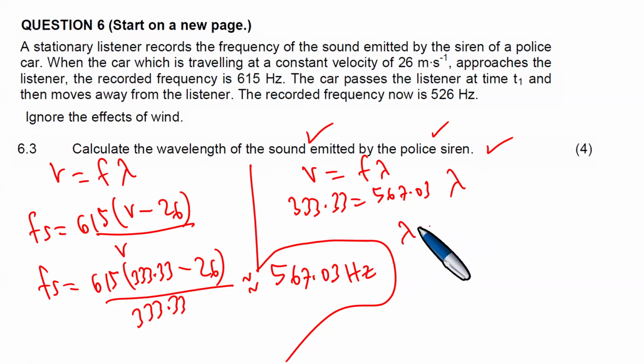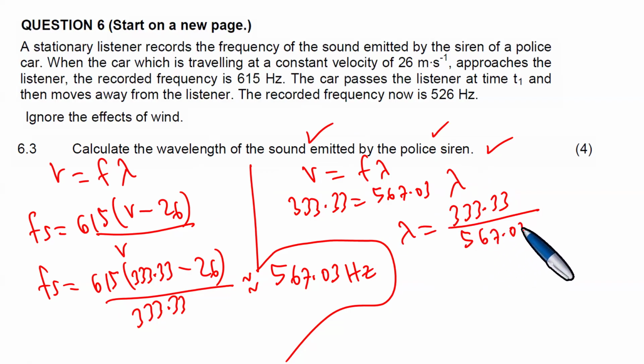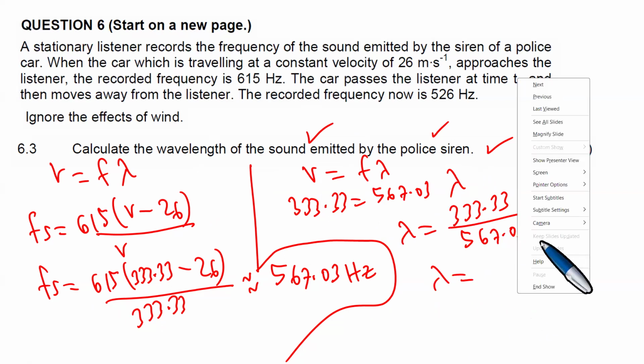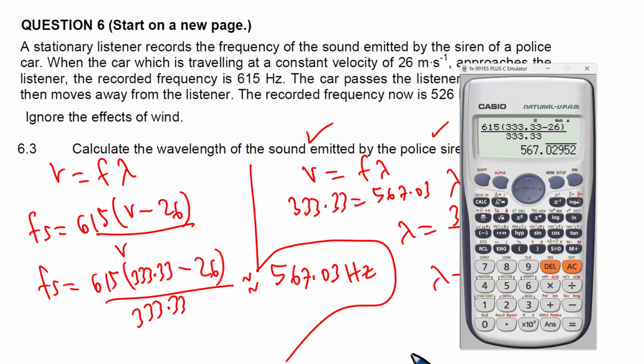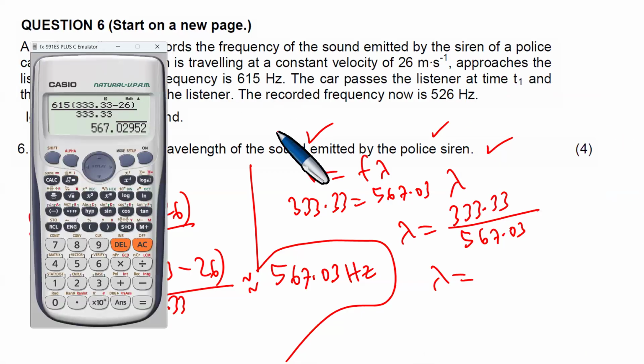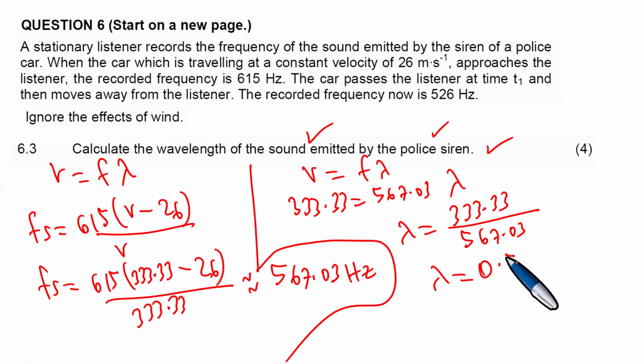Obviously, lambda is 333.33 divided by 567.03, which means the wavelength is 0.59 meters.